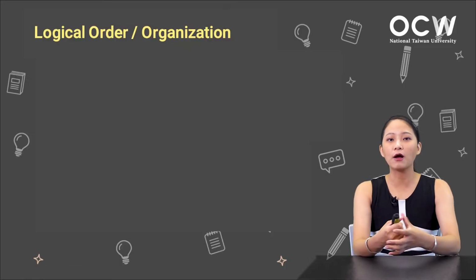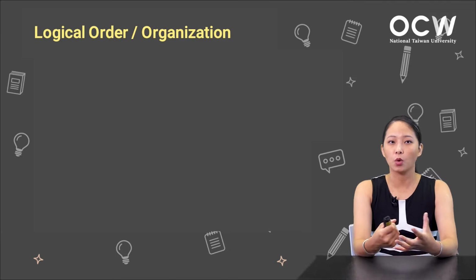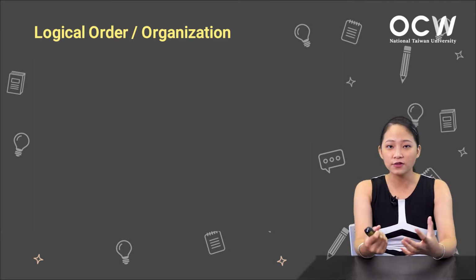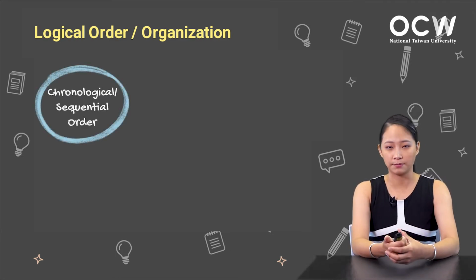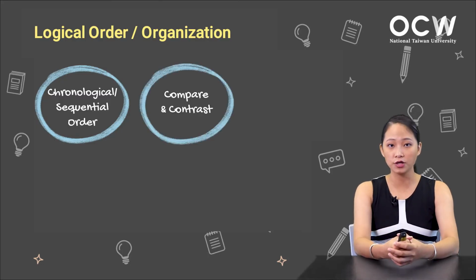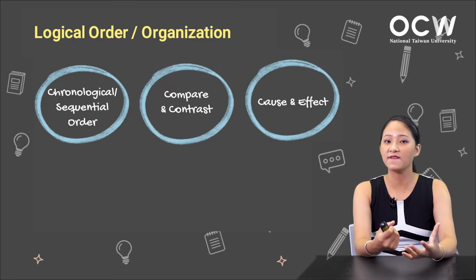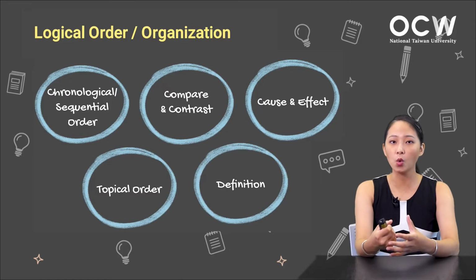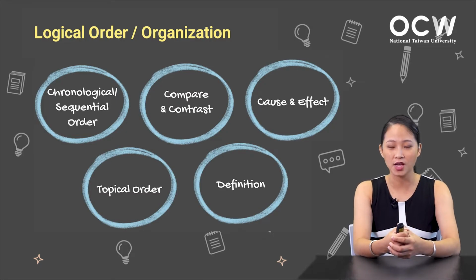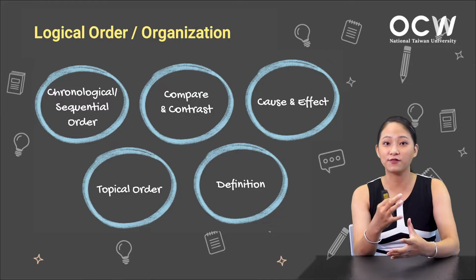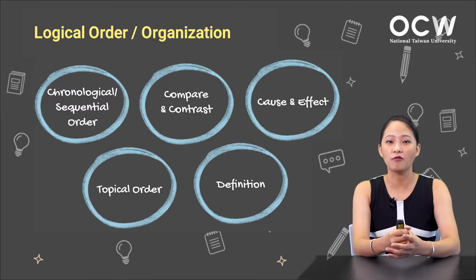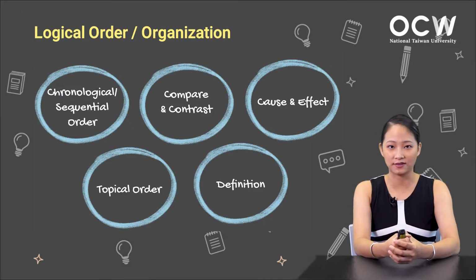So when we talk about logical organization or logical order, there are 5 different structures that we can use, namely chronological or sequential order, compare and contrast structure, cause and effect, topic order, or the use of definition. We're now going to be looking at how these 5 different types of organization can help us to establish coherence.